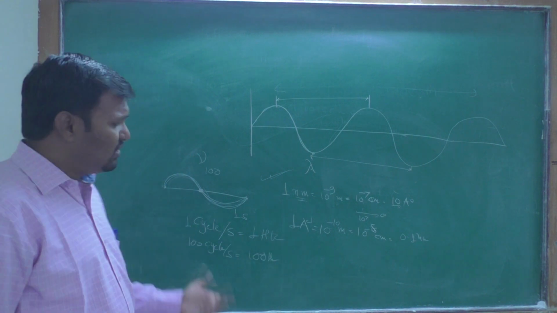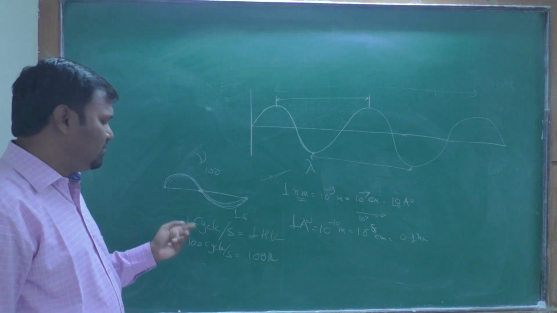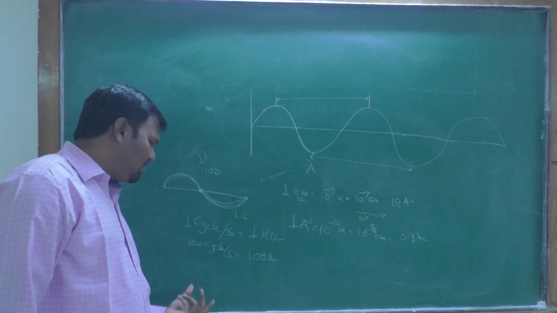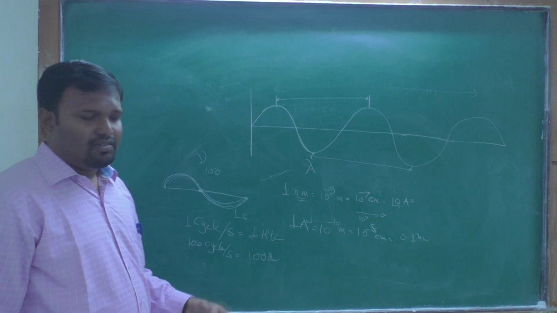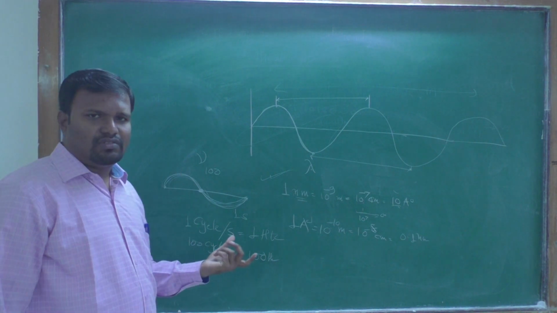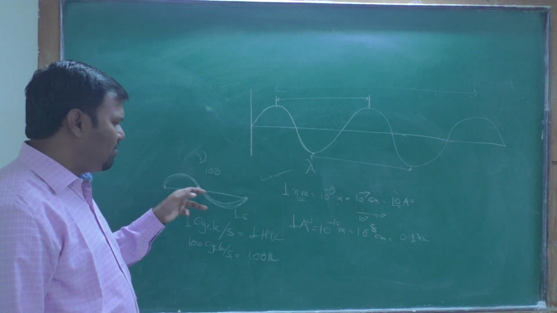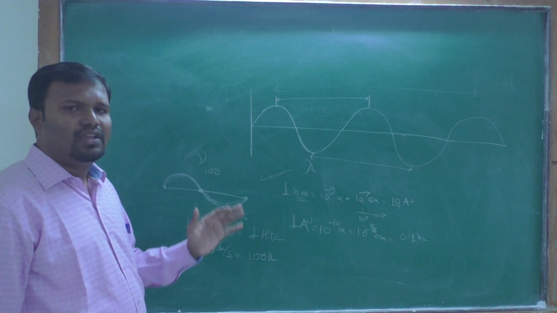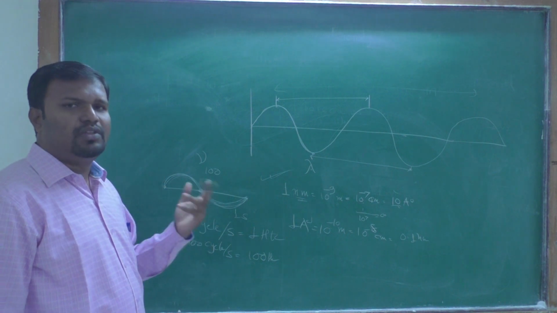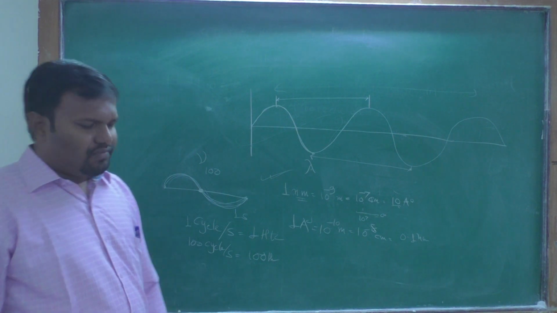The unit of frequency is the hertz: 1 hertz means 1 cycle per second, and 100 hertz means 100 cycles per second. Therefore these are the units we use for frequency. Frequency is how many full wavelengths pass a particular point in 1 second.